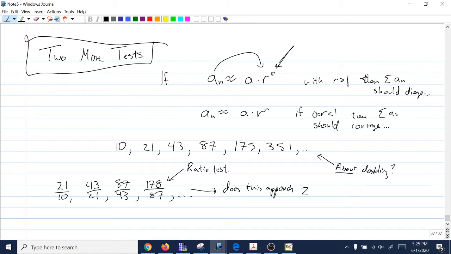There's another way to get there too. If this sequence is about something times r to the 1, this is about something times r to the 2, this is about something times r to the 3, I can try and pull off the r by taking the nth root: the first root here, the square root here, the cube root here, the 4th root of a times r to the 4.